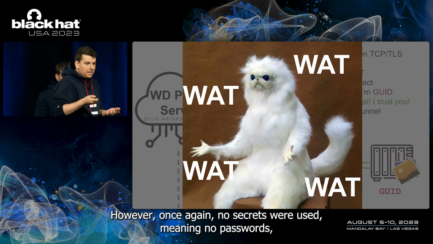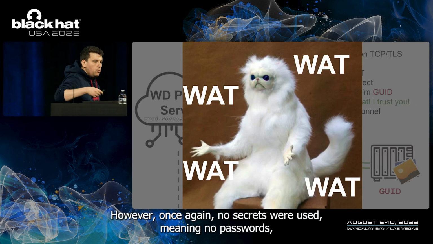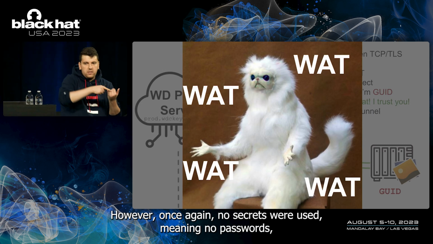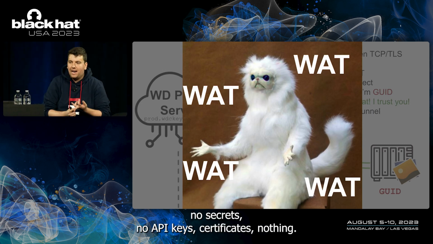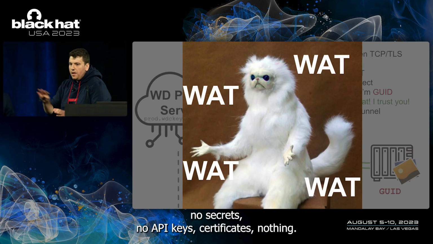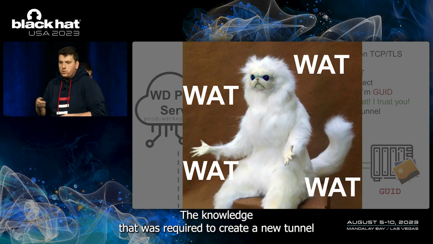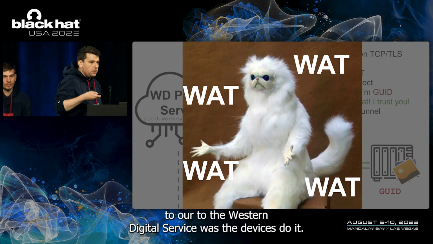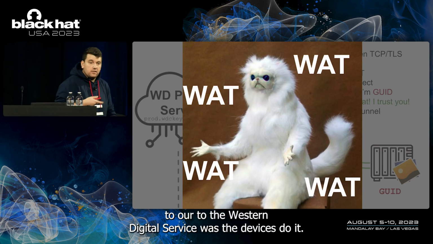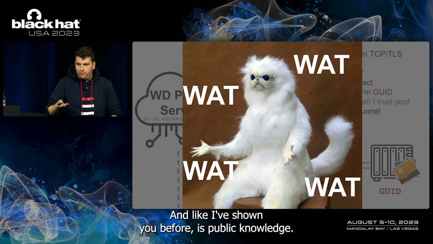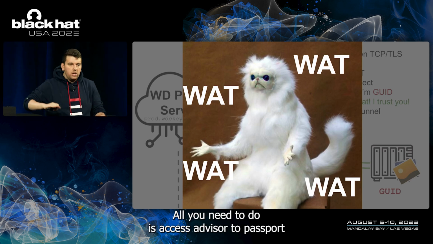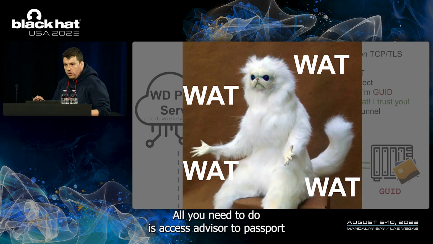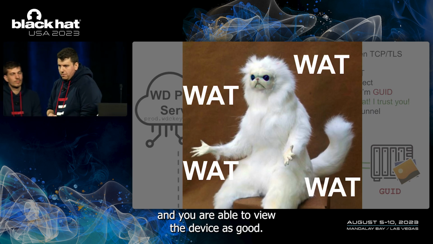However, once again, no secrets were used, meaning no passwords, no API keys, no certificates, nothing. The only knowledge required to create a new tunnel to the Western Digital servers was the device's GUID. And like I've shown you before, it is public knowledge. All you need to do is access the device's GPS port, and you are able to view the device's GUID.